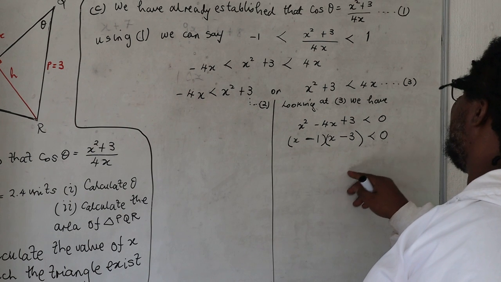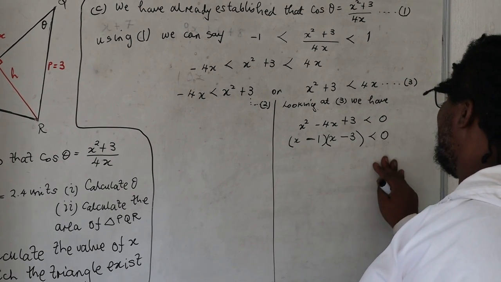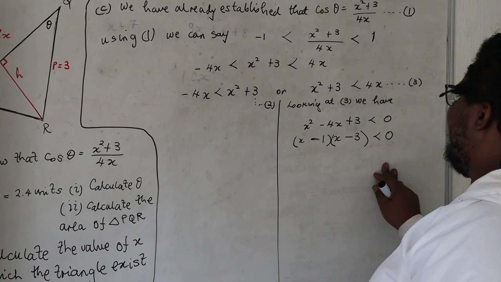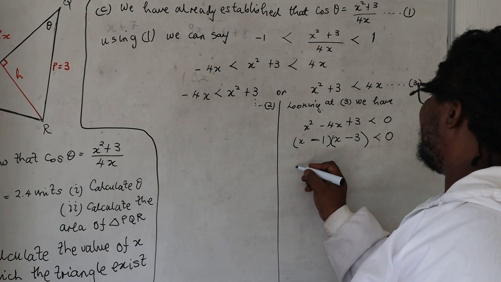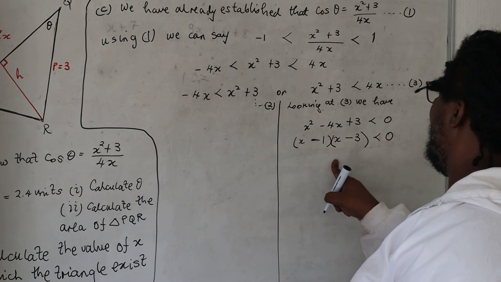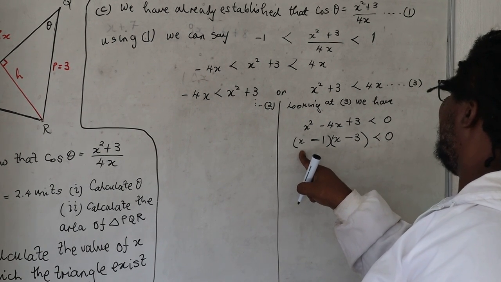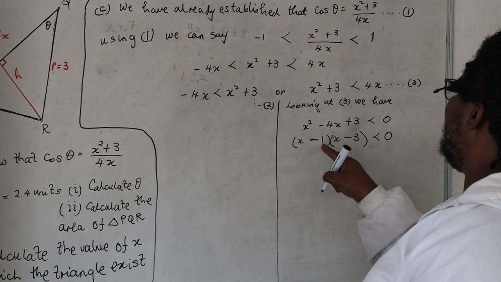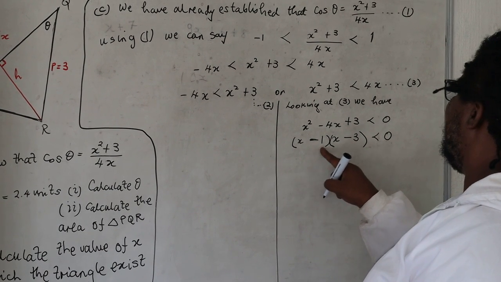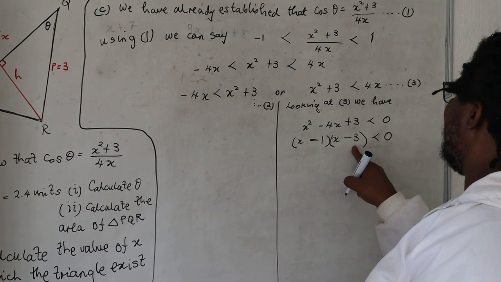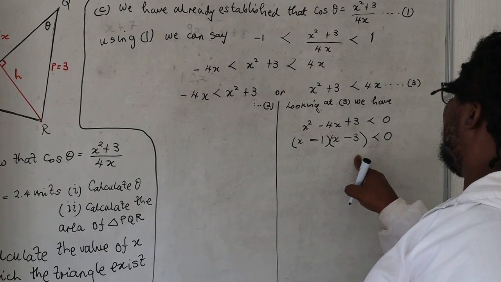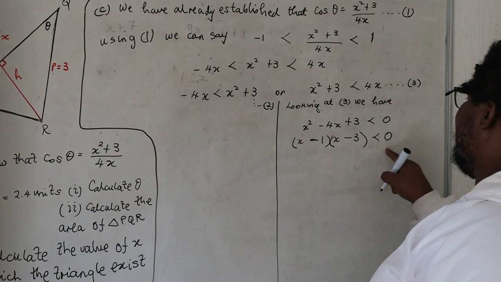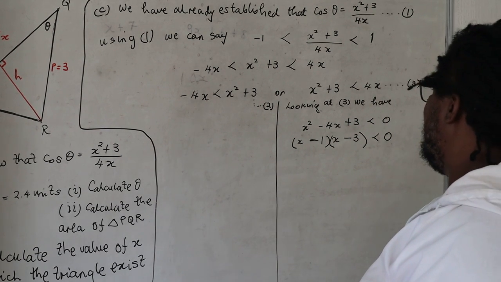So if we have x less than 1, this is a number that will be smaller than 1. So this will give you a negative, and this number is also smaller than 3, and that will give you a negative, and a negative and a negative will give you a positive, so this inequality will not hold.